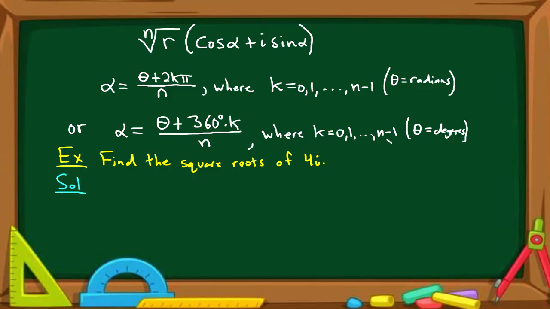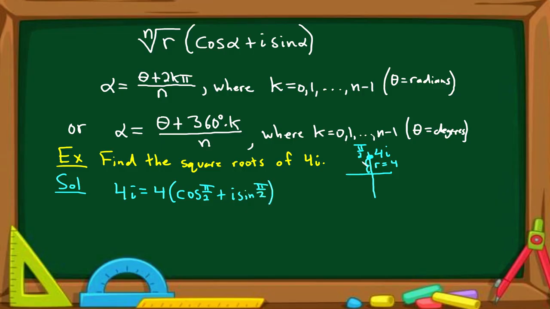I think maybe the easiest way is to draw a picture. 4i is here on the complex plane, and r is the modulus, this distance here. So r is 4. So 4i is equal to 4, that's your r, times cosine theta, except what's theta here, right? Theta here is pi over 2 based off the picture, plus i sine pi over 2.